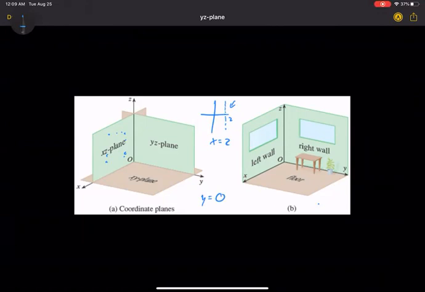The XY plane has the equation Z equals 0. And finally, the YZ plane has the equation X equals 0. Notice it's basically the letter that's missing, equal to 0. Little trick.